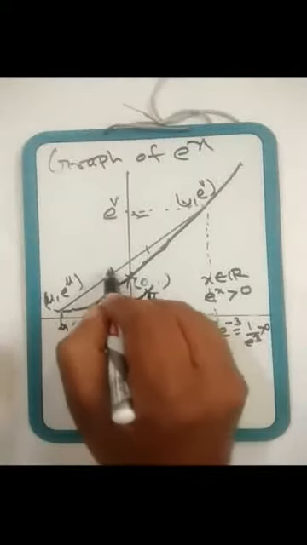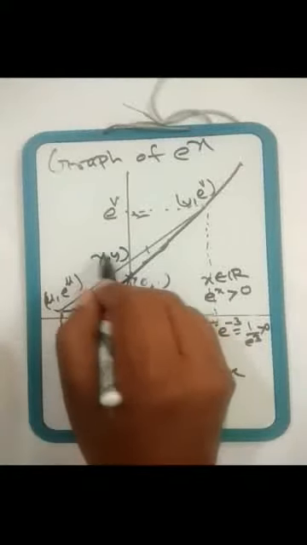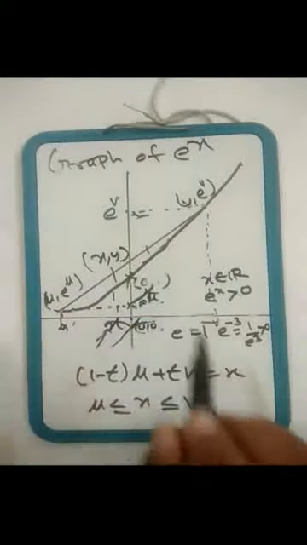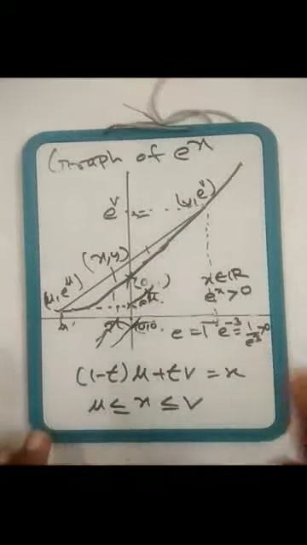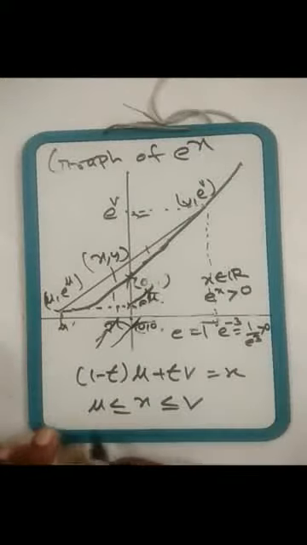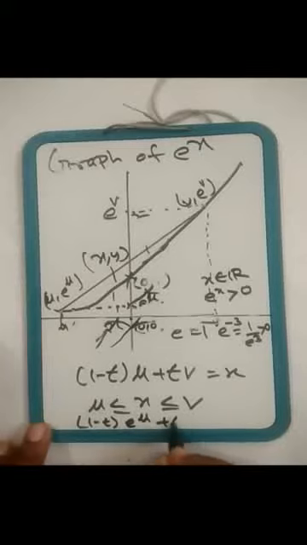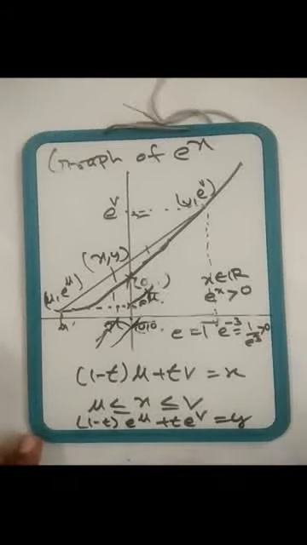If this is a point, say x comma y, and this is your x, its corresponding y is 1 minus t e raised to u plus t e raised to v, which is equal to y. This is this thing.